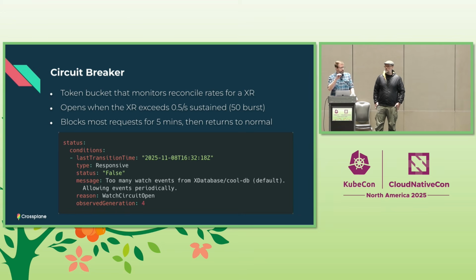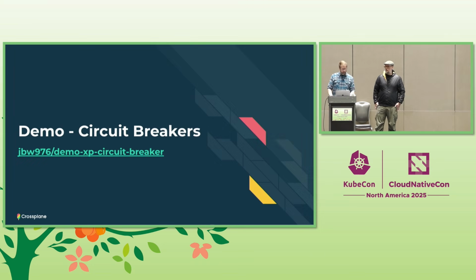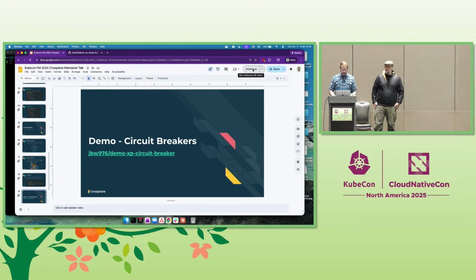It does let a few events trickle through while it's in the cooldown period, but it stops hundreds of events per second and slows it to much, much slower. It cools down for about 5 minutes and then returns to normal, and if the reconciliation rates go too high again, it will break the circuit again. So that's one way to prevent this hammering of the API server from happening. So let's take a look at a live demo to see it in action.